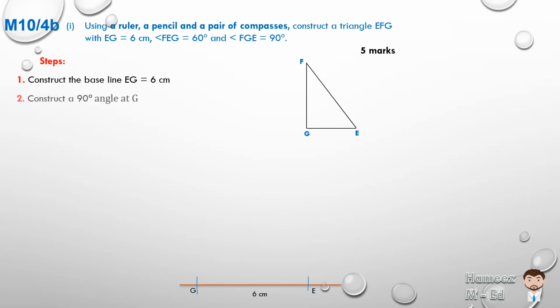Now let's construct the 90 degrees angle at G. In order to construct a 90-degree angle, and there are a few methods for this, we rest our compass at G to any arc length, anything that's comfortable. So I've reduced it a little bit. It doesn't matter what the length is.